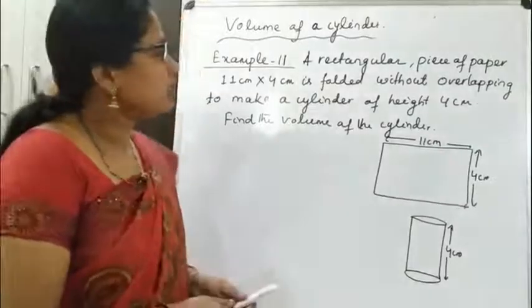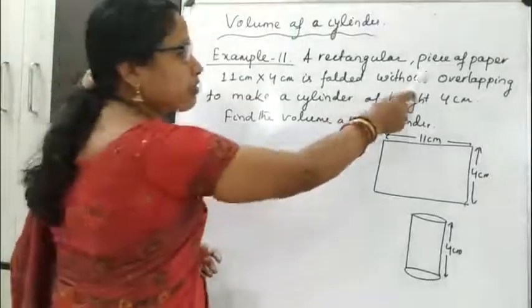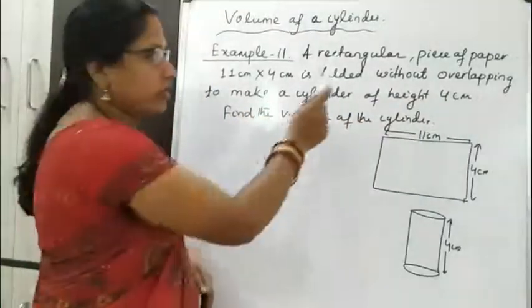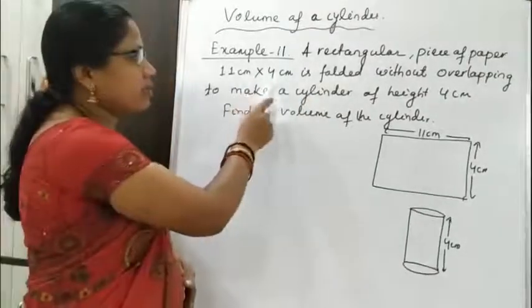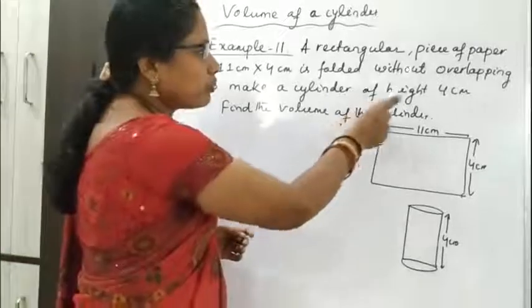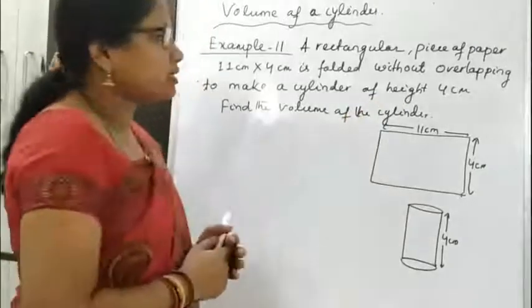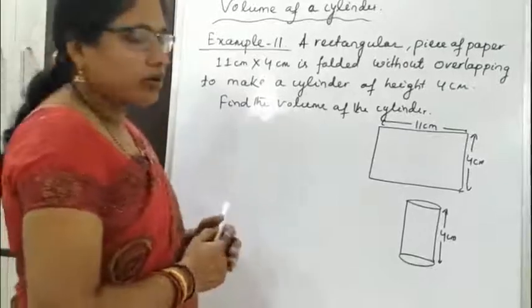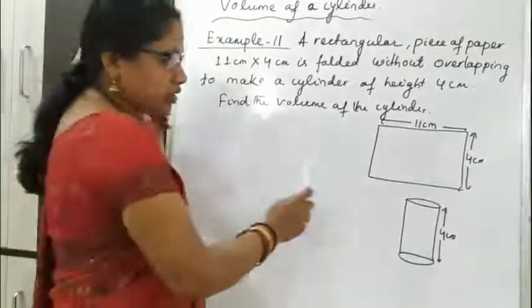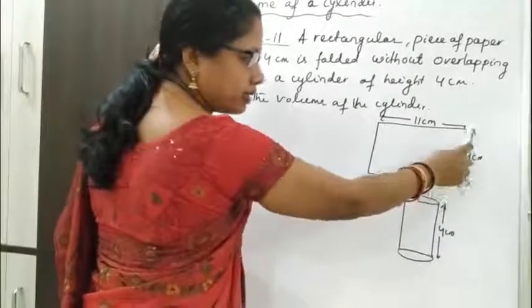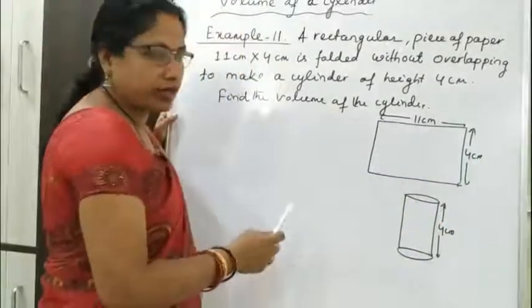The next example: a rectangular piece of paper 11 centimeter by 4 centimeter, that means the length is 11 centimeter and breadth is 4 centimeter, is folded without overlapping to make a cylinder of height 4 centimeter. Find the volume of the cylinder. This is the rectangular sheet of paper having length 11 centimeter and breadth 4 centimeter.